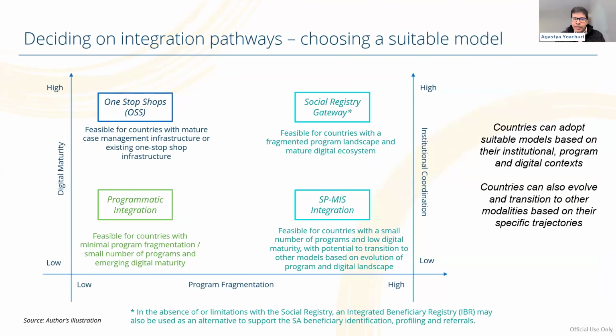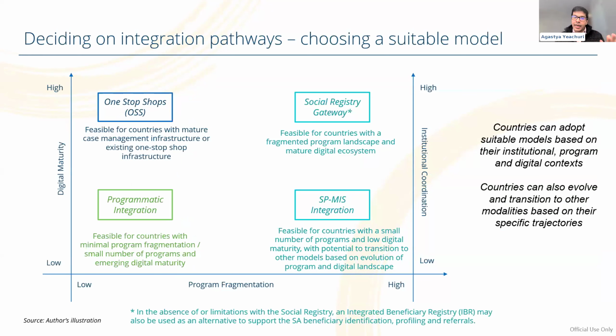So in terms of choosing a suitable model, we've put this typology together looking at three factors: the digital maturity, program fragmentation, as well as institutional coordination. So countries can adopt suitable models based on their specific context, but they can also evolve and transition to other modalities based on how things are going.